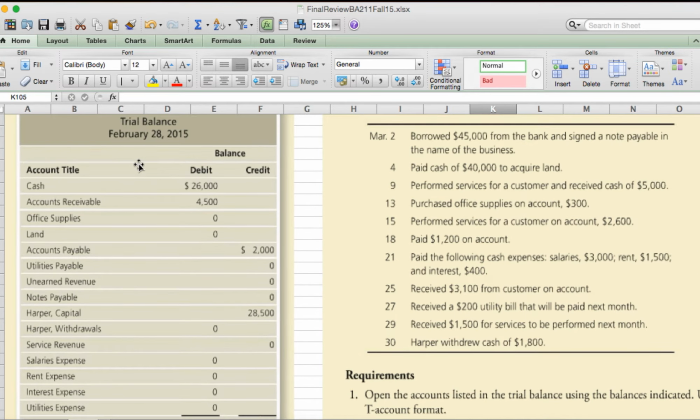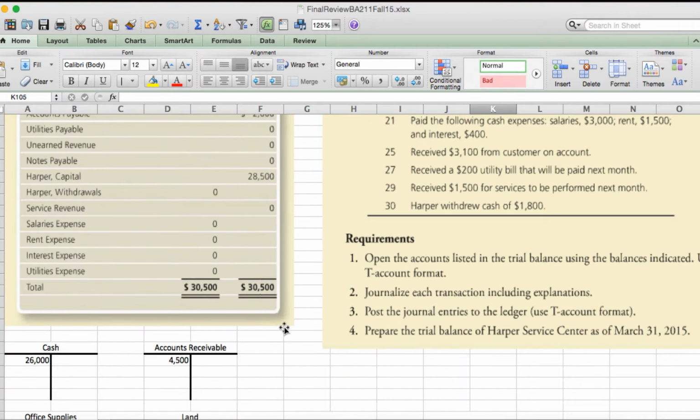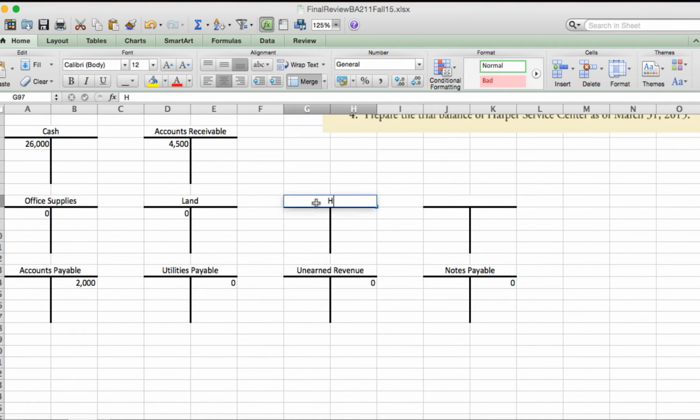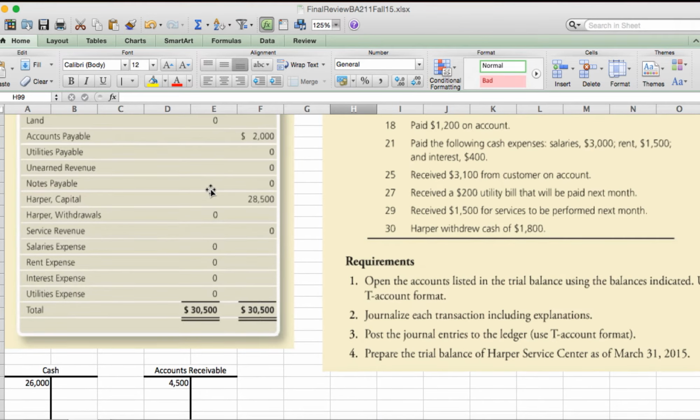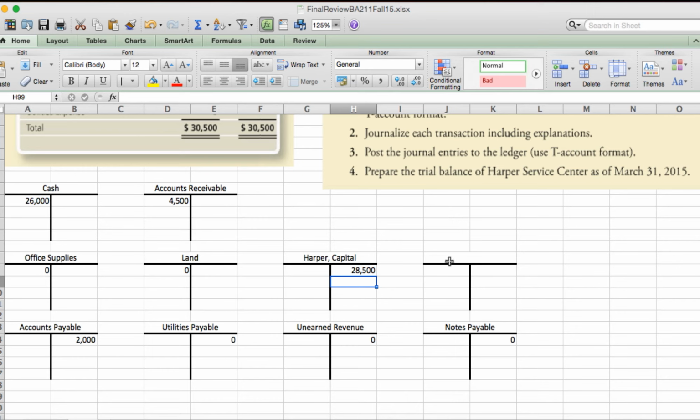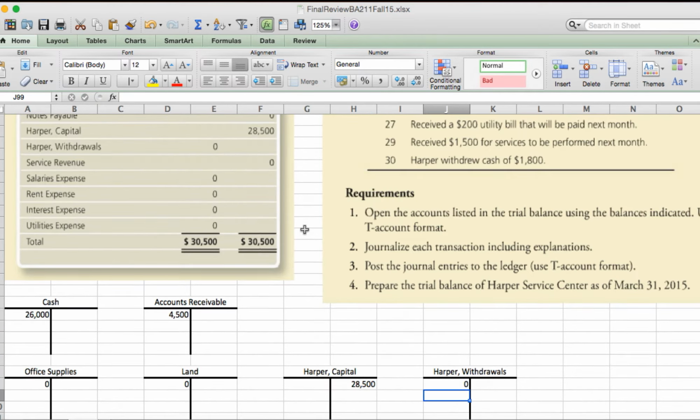And we had Harper Capital with a $28,500 credit balance. And Harper withdrawals with a 0 balance. And that carries a debit balance, so I'll put the 0 there.